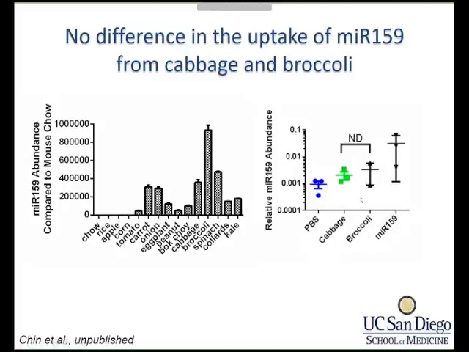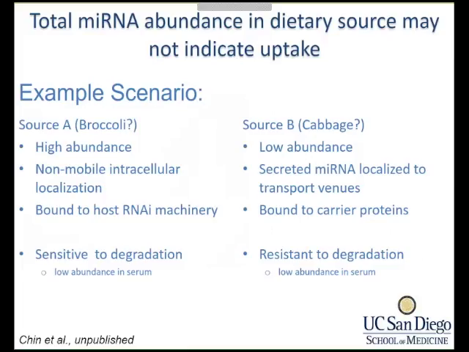We couldn't detect a significant difference between the two types of food. And the difference between vegetable puree gavage and PBS control is also not significant, although by gavage of a high concentration of synthetic miR-159, we were able to detect some in the serum.